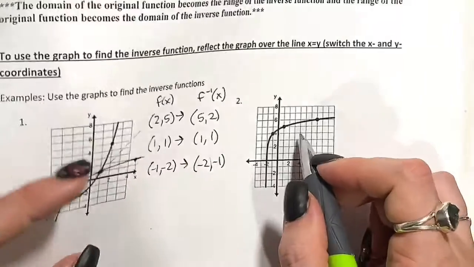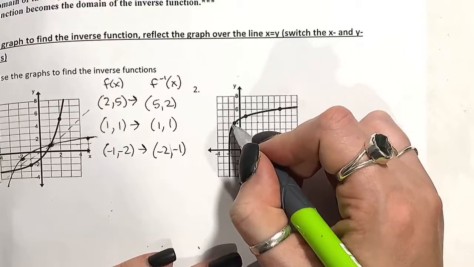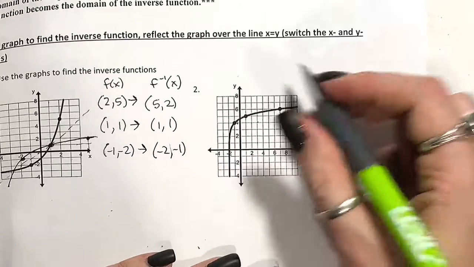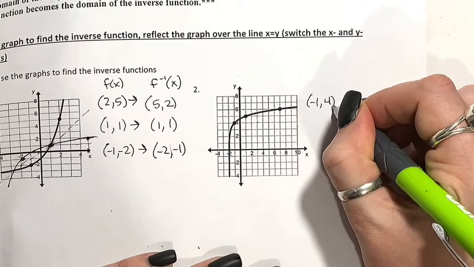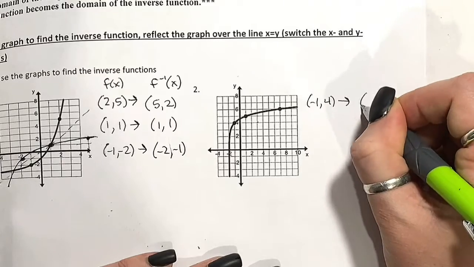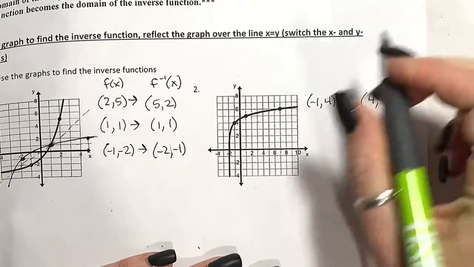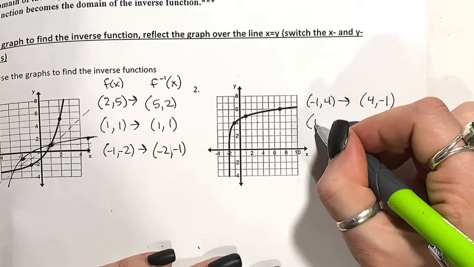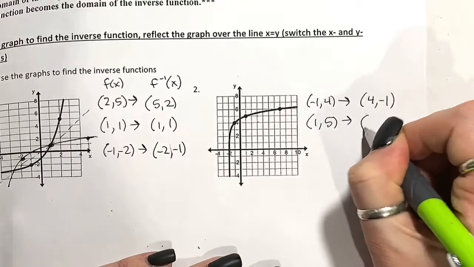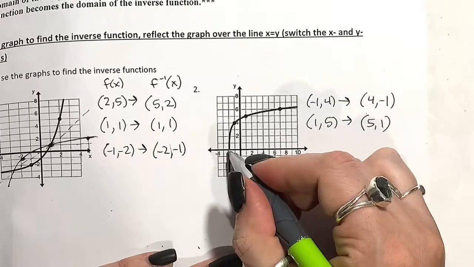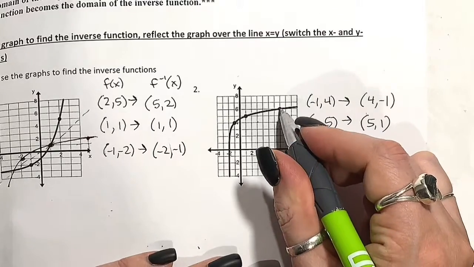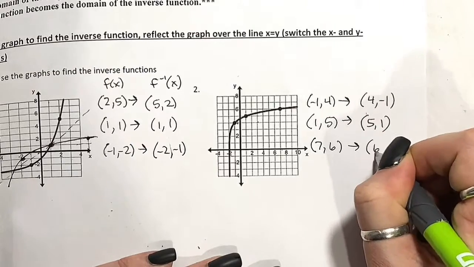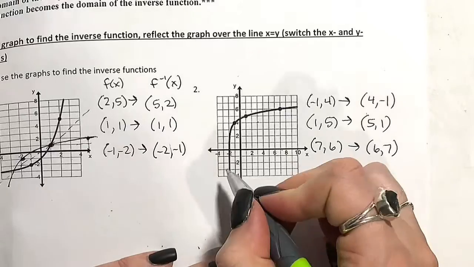So let's do one more on this one. Just find your 3 points. On this one we're back 1 and up 4. So -1, 4. So the new point for the inverse will be at 4, -1. This second point is over 1, up 5. So the new point will be at 5, 1. And then this one is over 7, up 6. So the new point will be 6, 7. So then you just go and plot those.